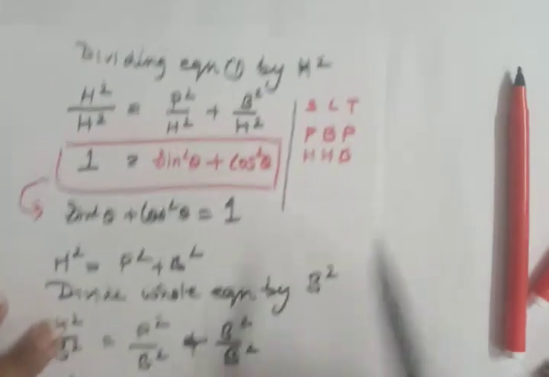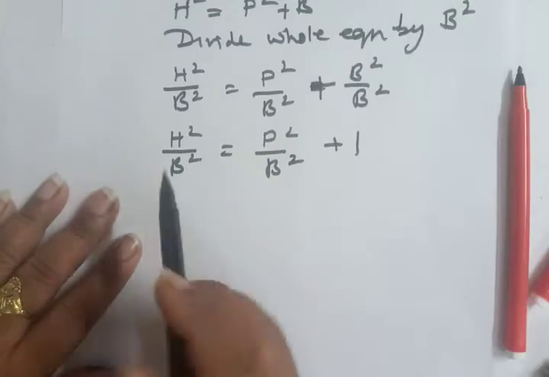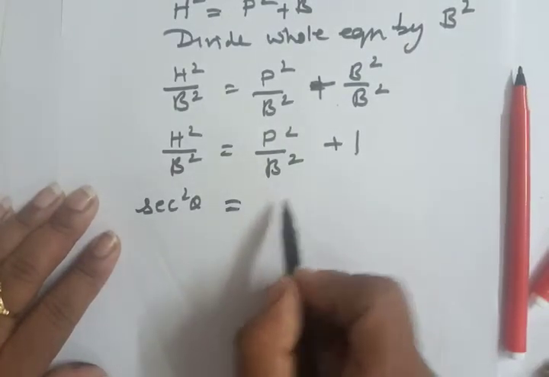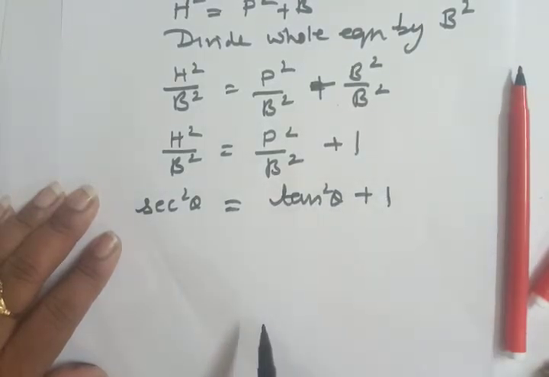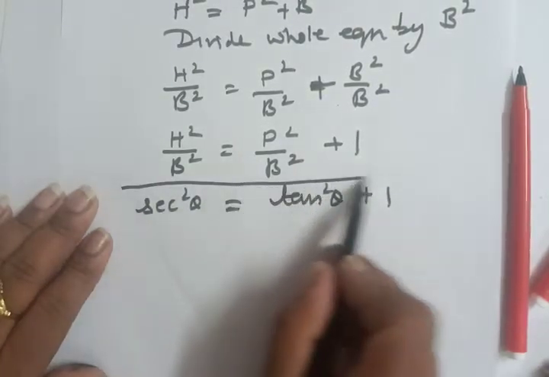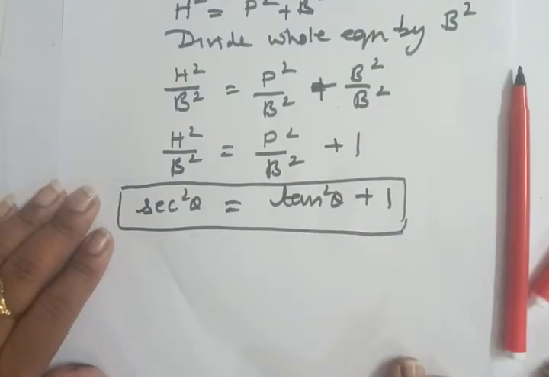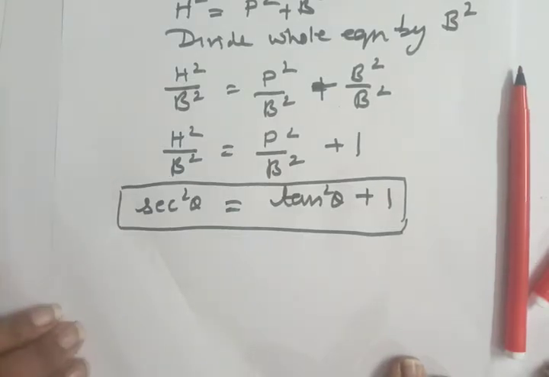You can see here perpendicular upon base is tan of theta. So we can write sec square theta is equal to tan square theta plus 1. Yes, so we have got the second identity, that is sec square theta is equal to 1 plus tan square theta, or we can say tan square theta plus 1.